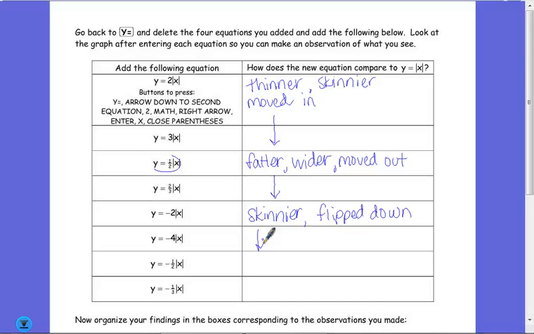So what do you think you can tell me about these two, without even looking at the graph? Pause the video, write down something like thinner and skinnier, or fatter and wider. And then what else should you write down?